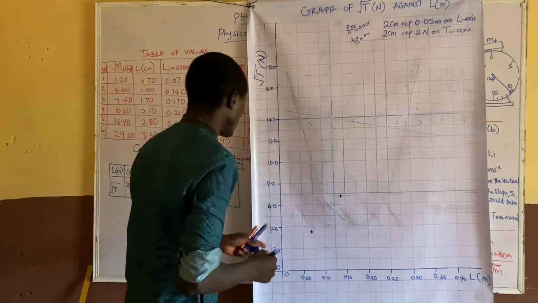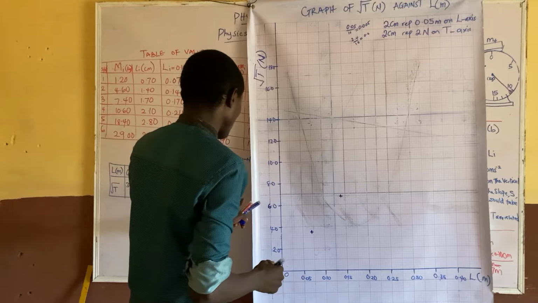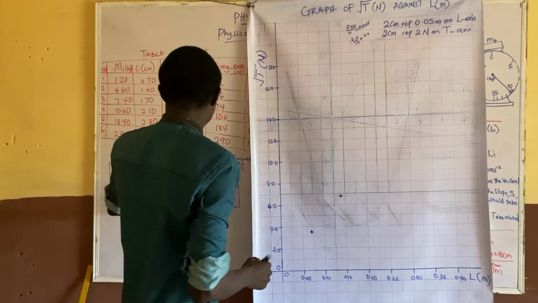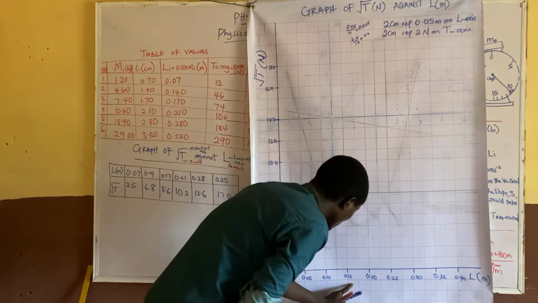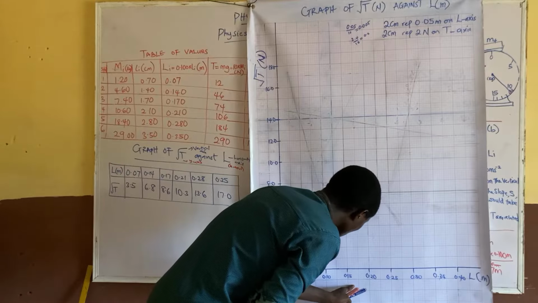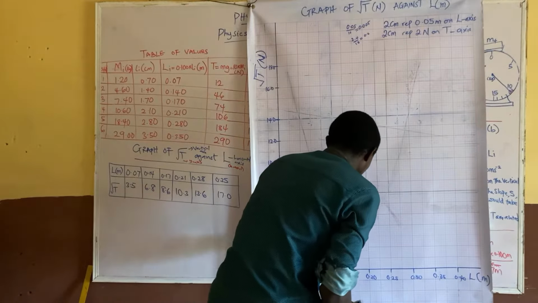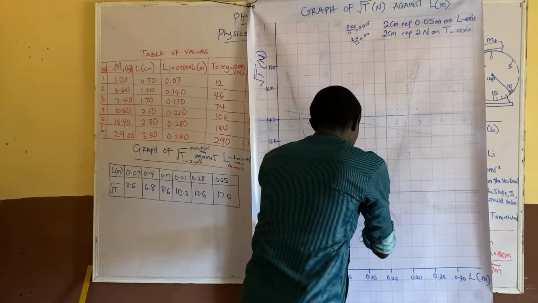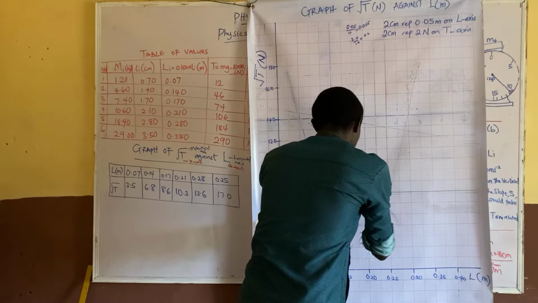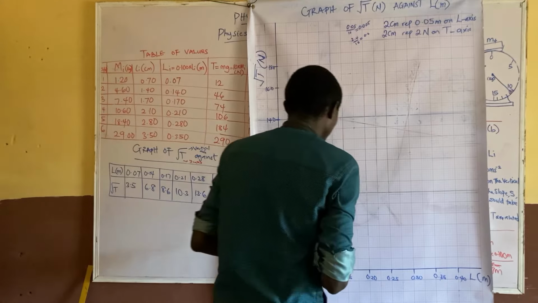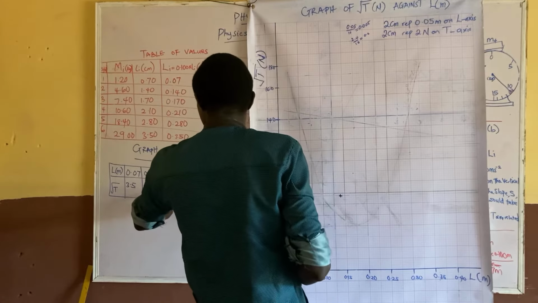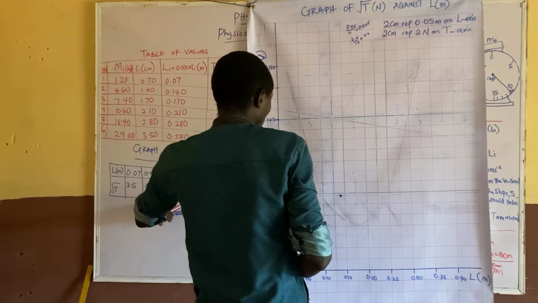So now the next one is what? 0.17, 0.16. 0.17 is along this line. So just put it so you can see anything around it. Now 0.17 against 8.6.